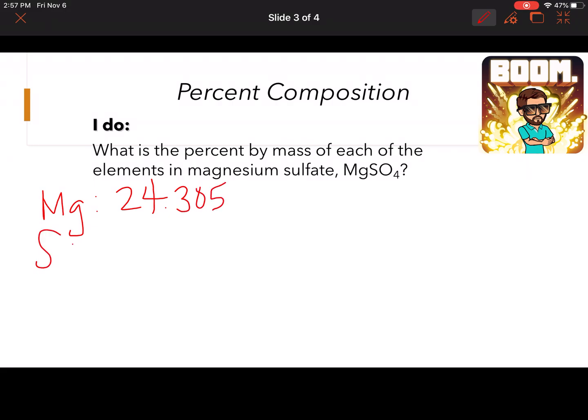I have a sulfur, and sulfur is 32.066 grams per mole, and I have 4 oxygens at 15.999 grams per mole times 4, that is 63.996.